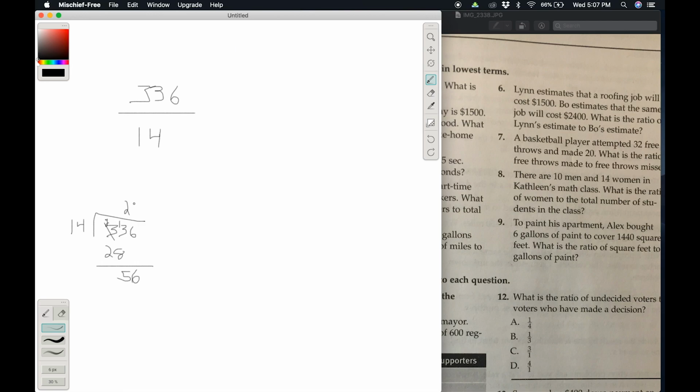So that's 4 there. 4 times 14 is 56. Yeah, okay, so we're good. Sorry, guys, I just kind of forgot. So 14 goes into 336 24 times. Actually, no, sorry. Silly me, I was writing the wrong thing. 24 times.